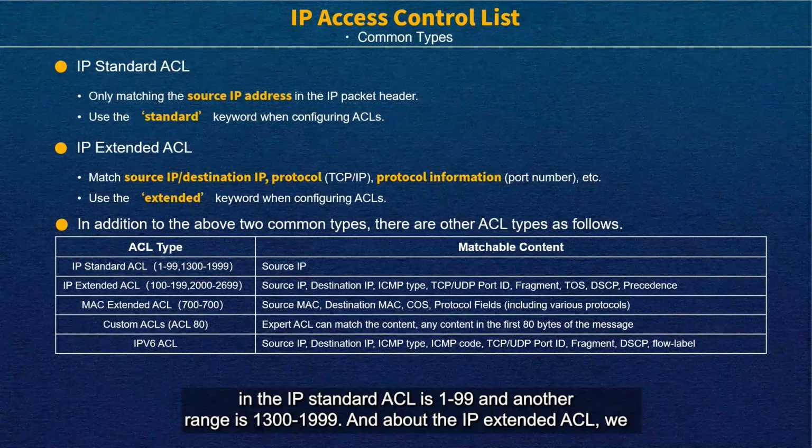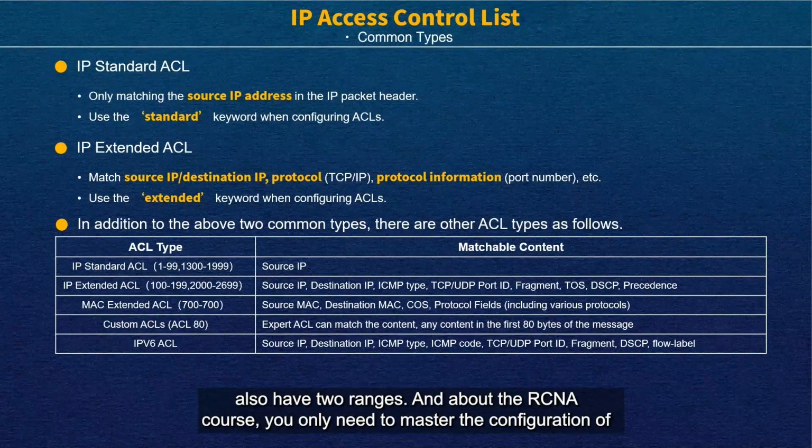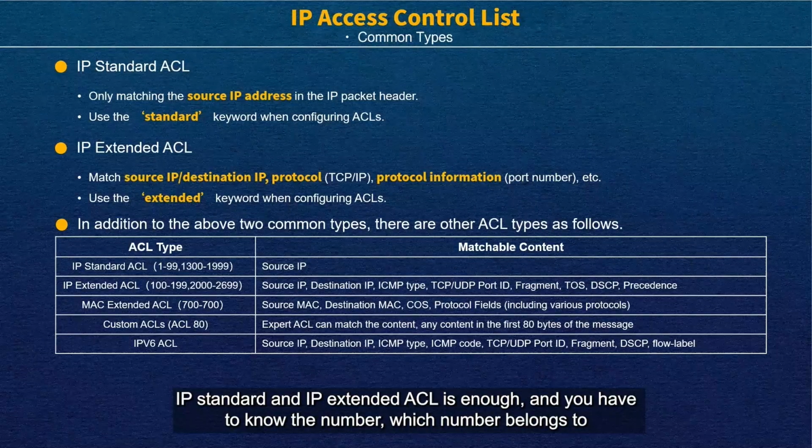The IP standard ACL is 1 to 99, and another range is 1300 to 1999. And about the IP extended ACL, we also have two ranges. For the RCNA course, you only need to master the configuration of IP standard and IP extended ACL.